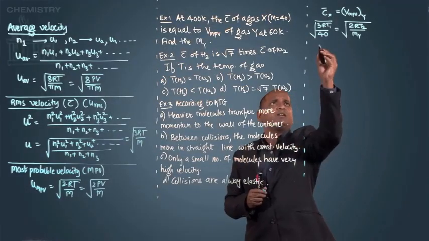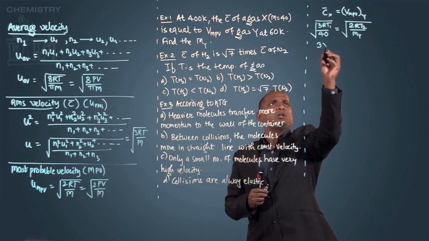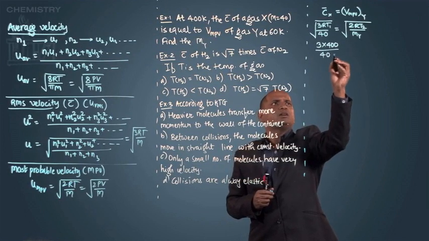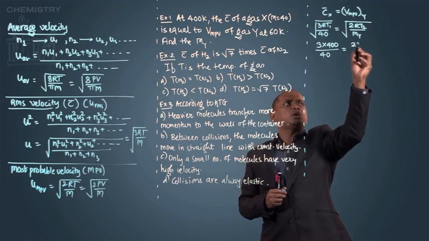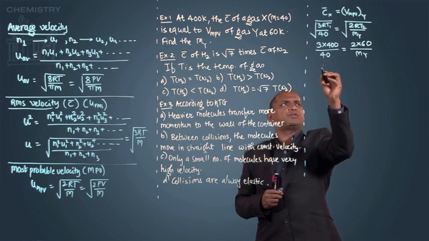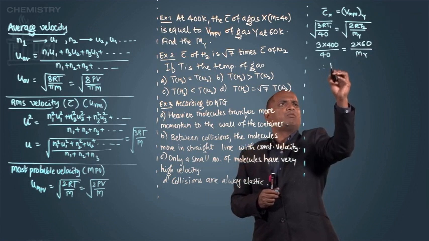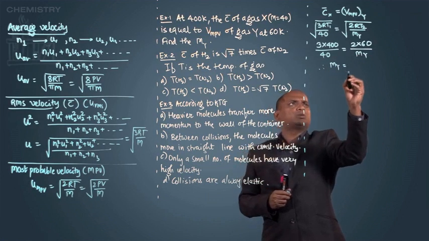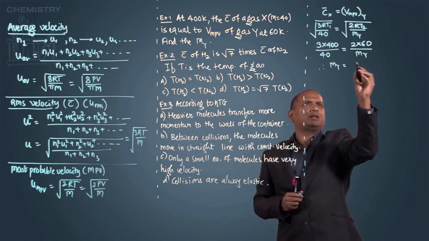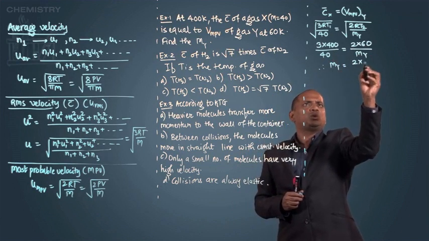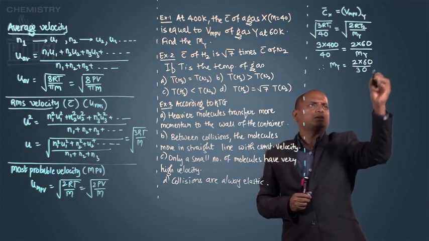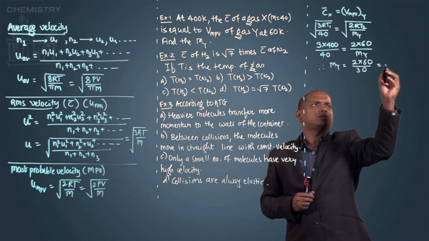So after squaring we can say that 3 into 400 divided by 40 is equal to 2 into 60 divided by My. Therefore My is equal to, this becomes 10, 30, so 2 into 60 divided by 30, so that becomes 4.